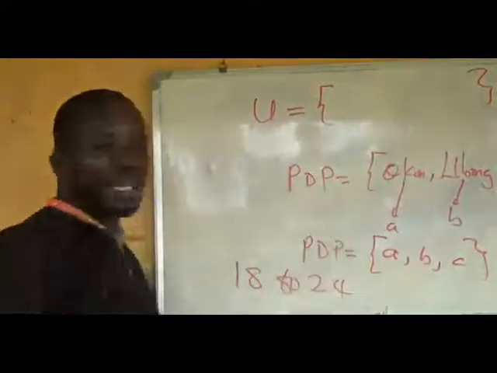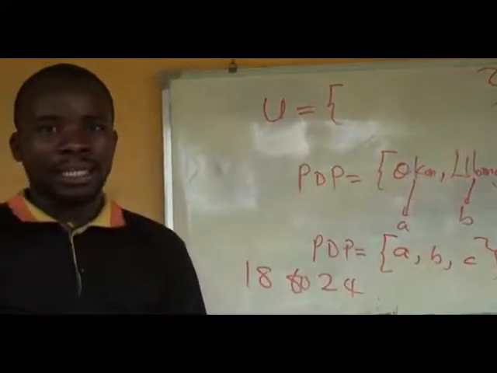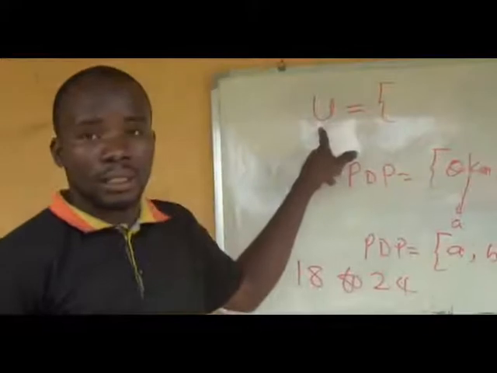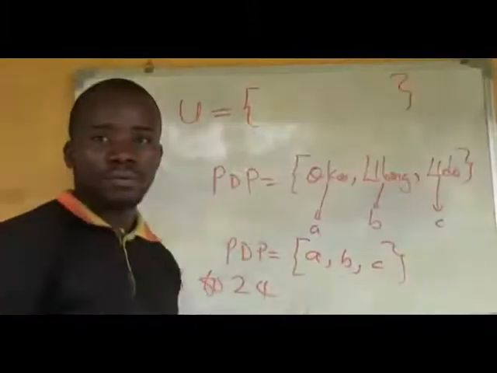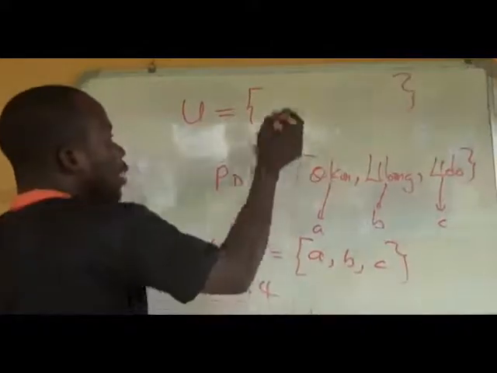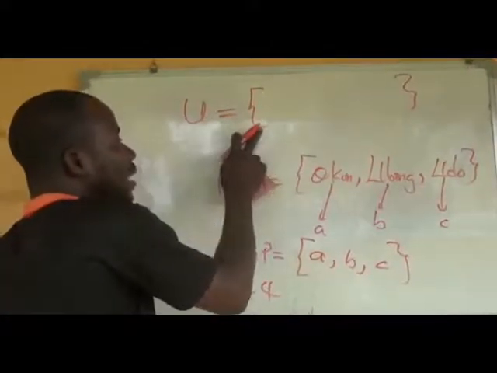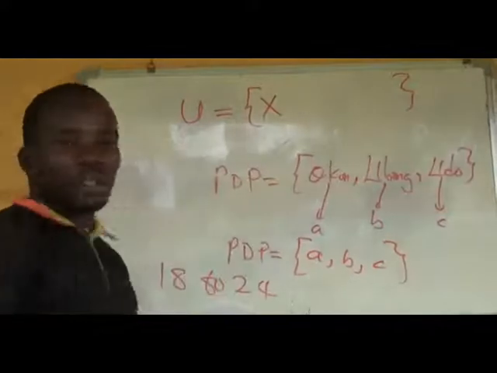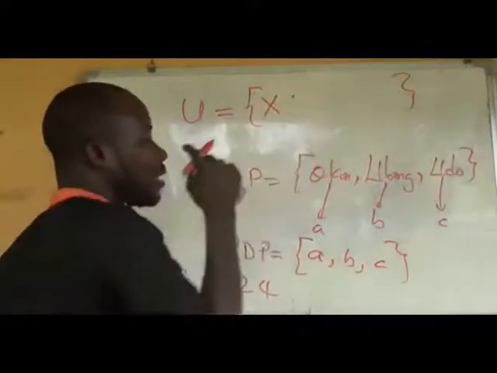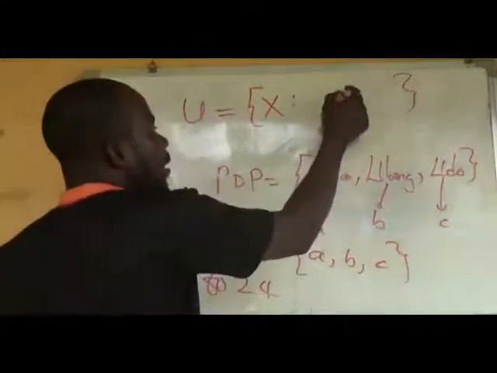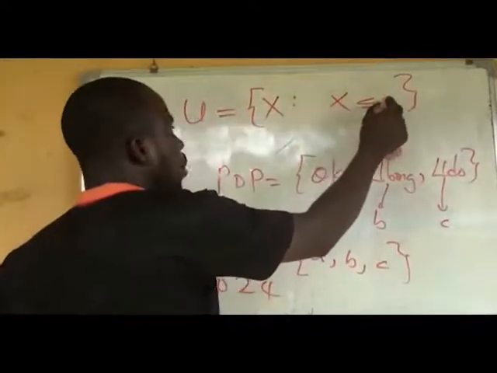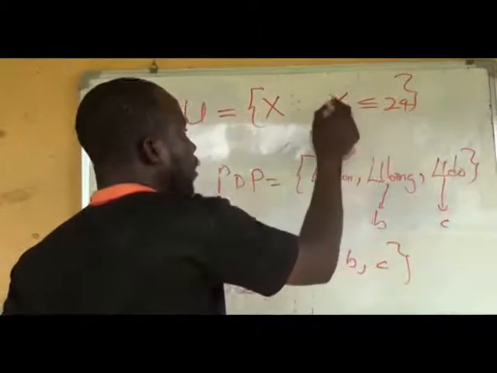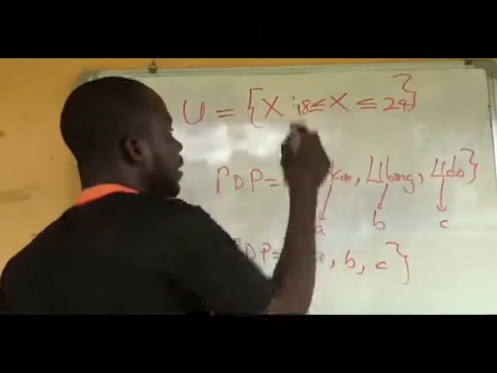This braces open is read as a set of whatsoever this is. So U is a set of students. You can use X to be a student such that the age of this student ranges from 24 years to 18 years.